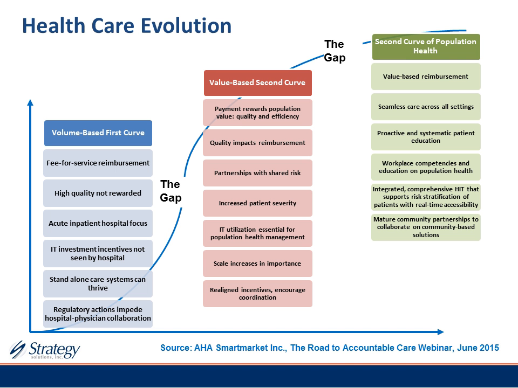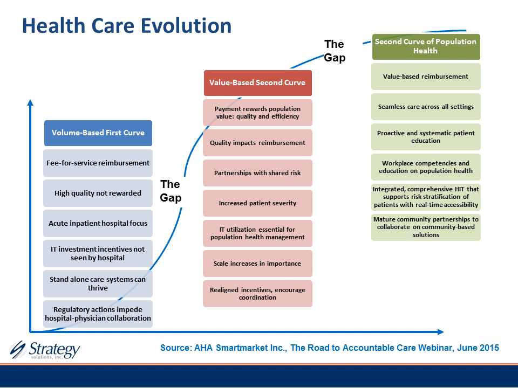We have kind of a siloed approach to the different aspects of cancer care, and that's okay. That's the way things are. We're moving toward a value-based second curve where quality is going to make a difference in reimbursement, and hospitals and health systems are starting to take on more risk through accountable care organizations.